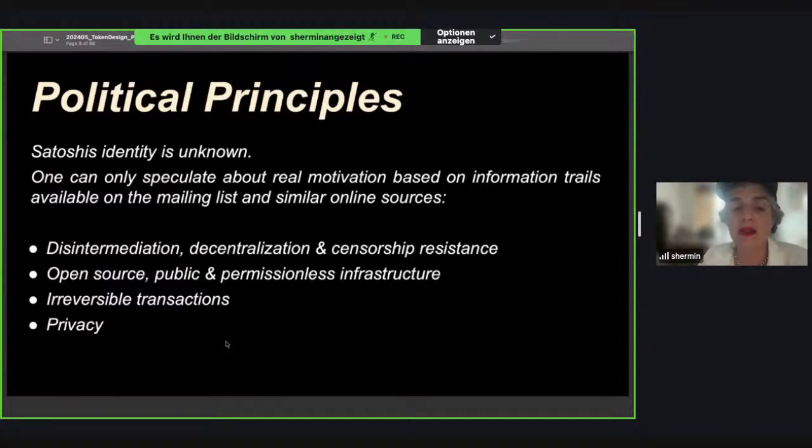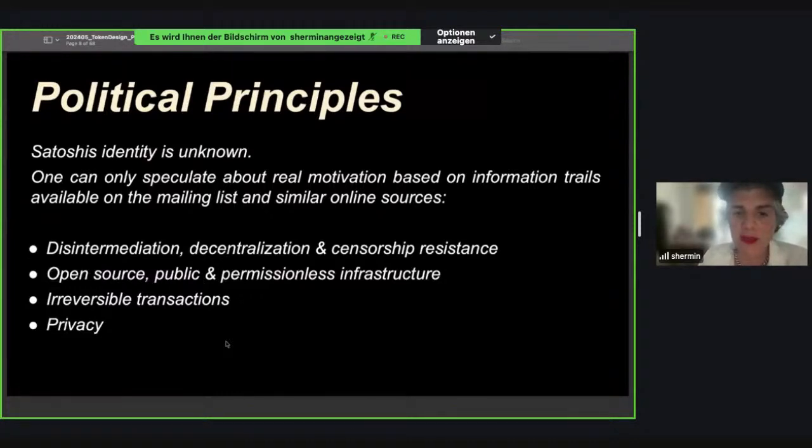And all the people since the 80s who'd been working on such systems always had a central coordinator. There were sometimes companies, and sooner or later, these systems were censored under banking license laws, privacy laws. Some of the people were put in jail. And this is probably one of the reasons why censorship resistance was such a big value when creating Bitcoin, among the first Bitcoin core developers and adopters.